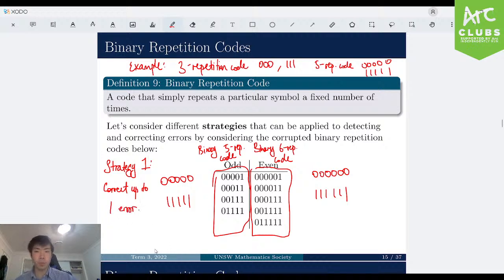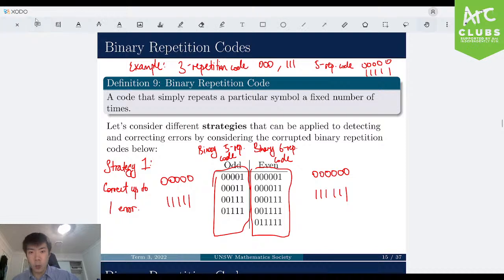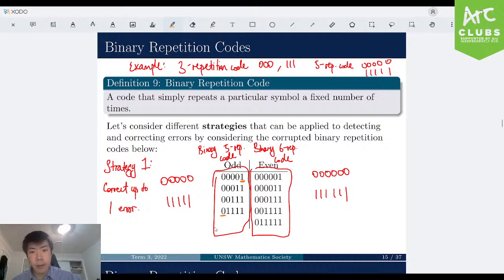What does that mean? In our set of code words here of odd fixed length 5, we can see that there is an error here and an error here, and we're happy to correct it. That's all this is saying.